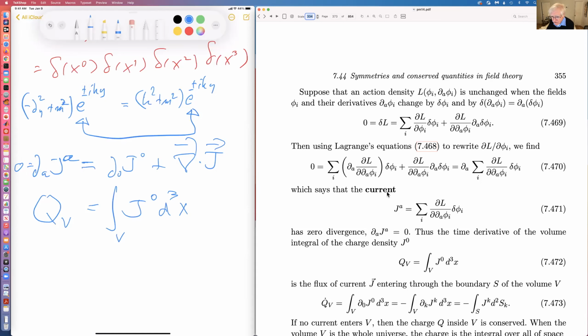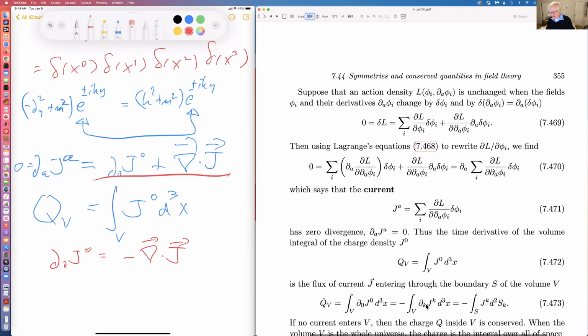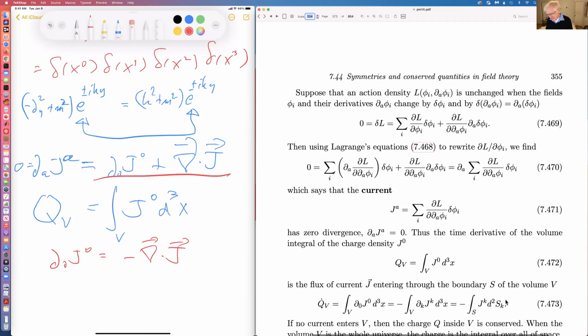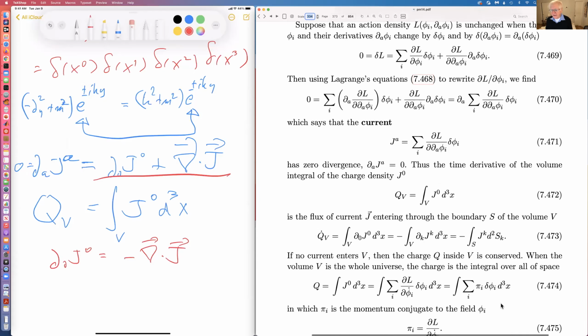Because of this equation here, in other words, this equation tells us that D0 J0 is minus the divergence of the current density, and K going from 1 to 3 here. Yeah, I should have written that in vector notation. And so that is the current density dotted into the area.